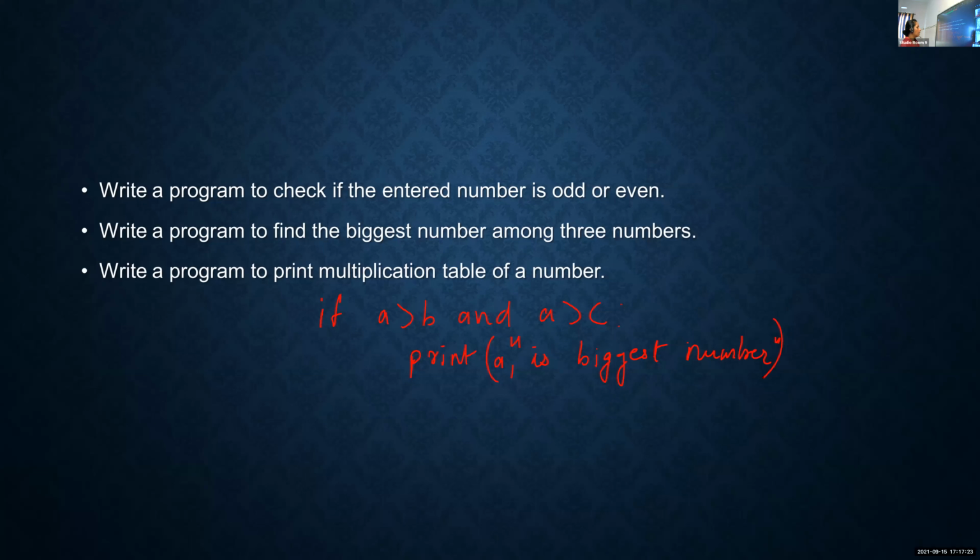A comma, there are no double quotes or single quotes along with this A, then comma within double quotes is biggest number. Here the value of A is 10. Then what is the result of this print statement? Thompson? A is the biggest number.